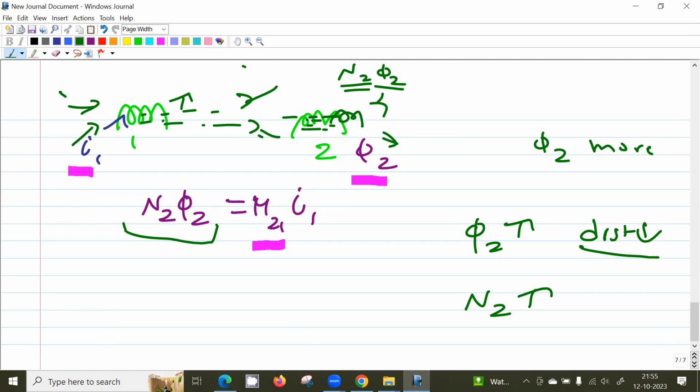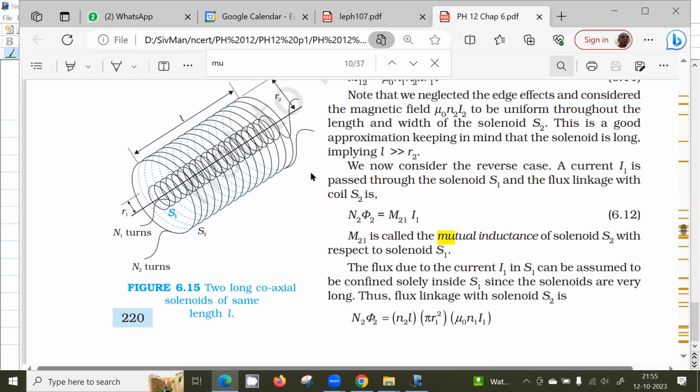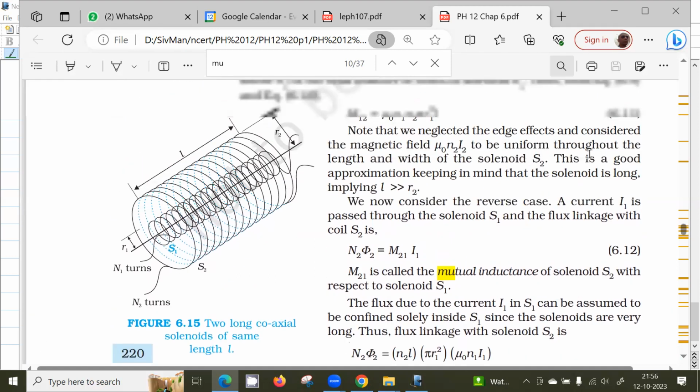In the case shown in this book, whatever flux is produced by the outer coil gets linked to the inner coil almost 100%, because it is well inside the outer coil. But suppose I separate this coil and place it at a distance. In that case, if I decrease the distance between these two coils, the mutual inductance will increase.